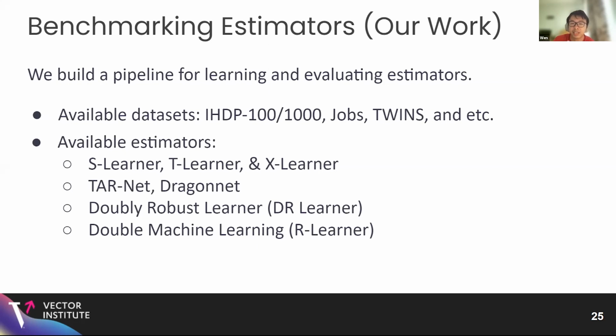These are all popular methods in this field. Also, we use multiple metrics like mean absolute error, which is for the average treatment effect, and PEHE, which is for the individual treatment effects.